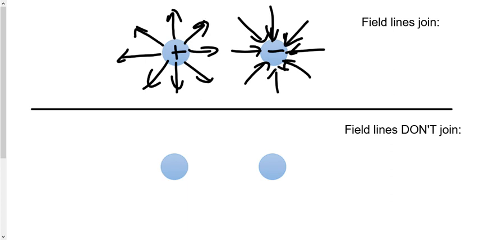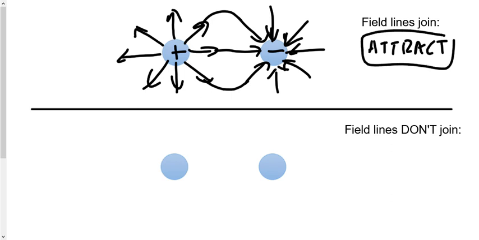Notice that these field lines end up joining up. That's what the electric field will look like between a positive and negative. Remember this, please. When field lines join up, we would say that there's a force of attraction. You can see that these two objects would attract each other because one's positive, one's negative, right? There's that force of attraction when the field lines join up.